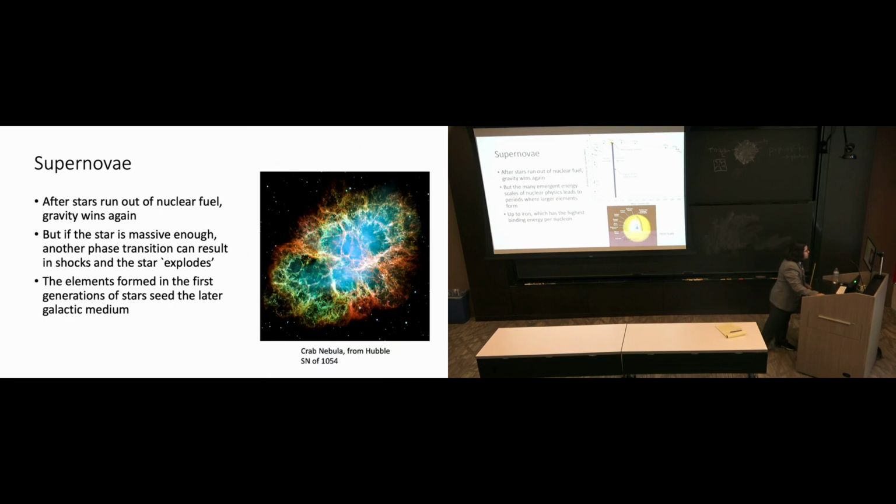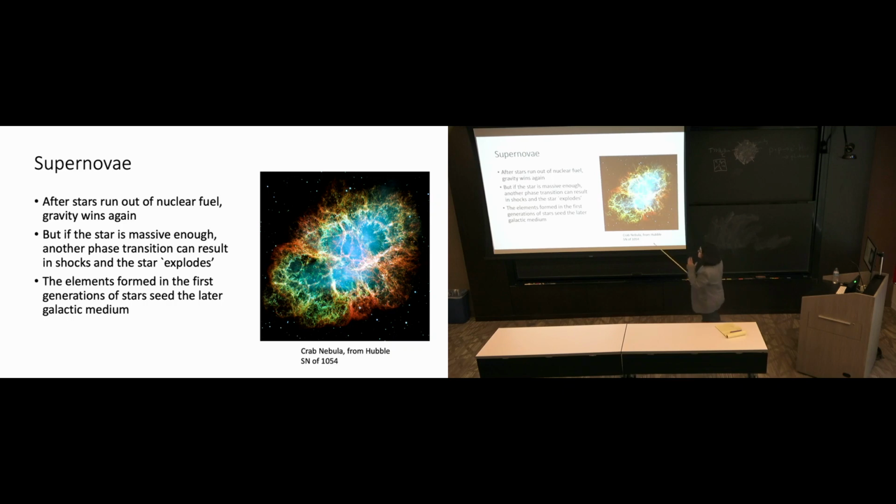And so there's another remarkable phenomenon which occurs, which is that, if you have a massive enough star, once gravity has won finally over nuclear physics, and you're producing iron, and that can no longer happen enough such that things are collapsing again, there can in fact be another phase transition to an even more exotic sort of matter known as degenerate neutron matter.